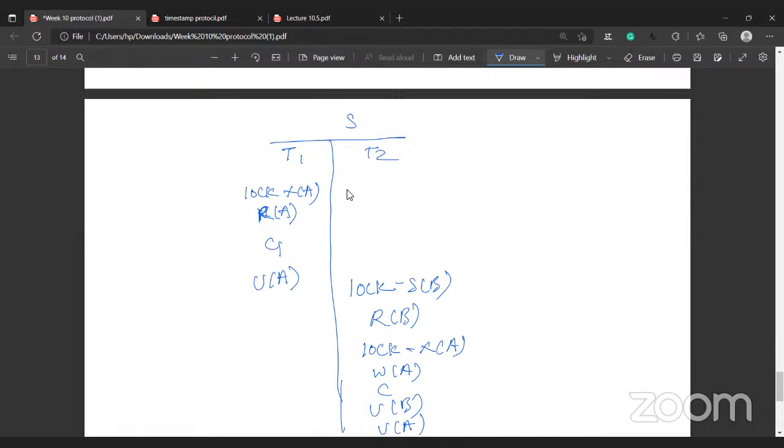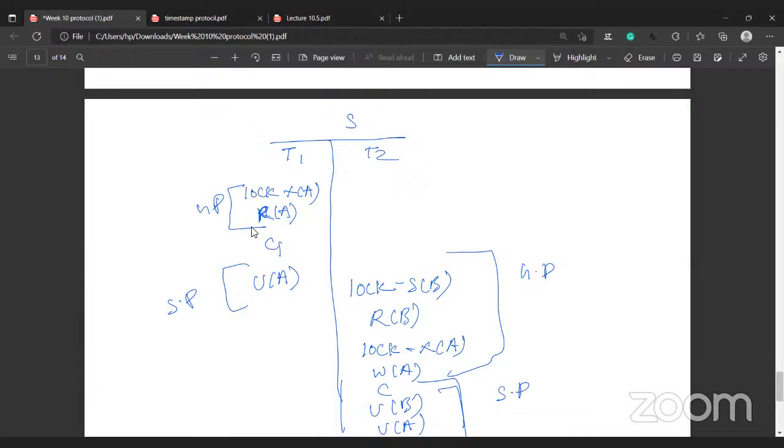Yes, sir. Does this follow rigorous 2PL? Yes. You can see that the exclusive lock is unlocked after the commit operation. This is the growing phase and this is the shrinking phase.